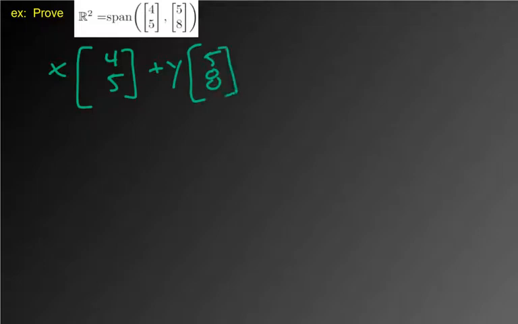So the first example here, I just want to prove, computationally, that these two vectors span R2. And basically, the idea is, if I have some X amount of (4, 5), and I add to it some Y amount of (5, 8), I just want to show that I can get any single vector (a, b), for all a, b in the reals.